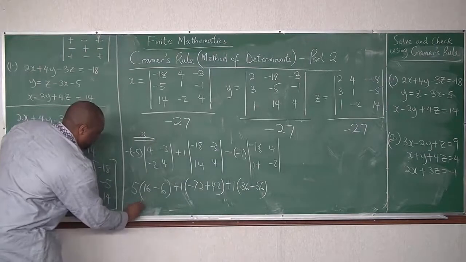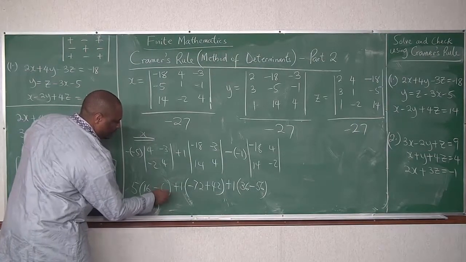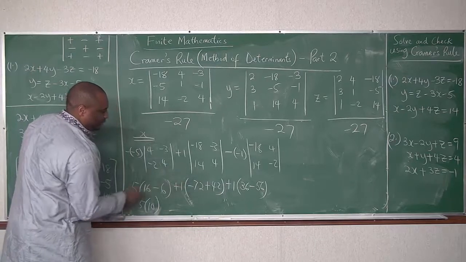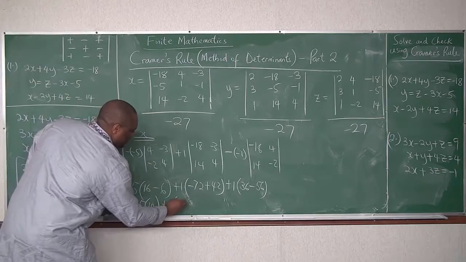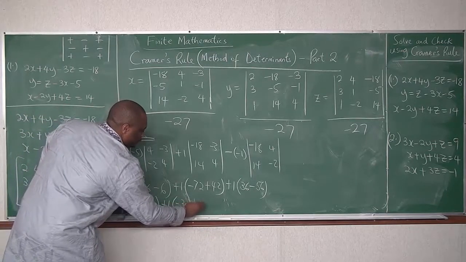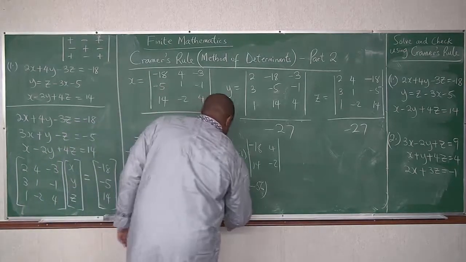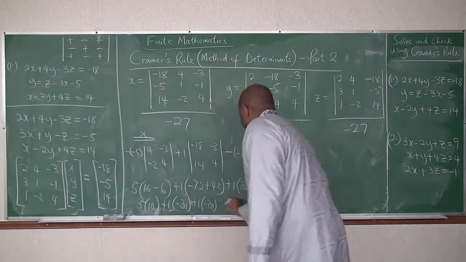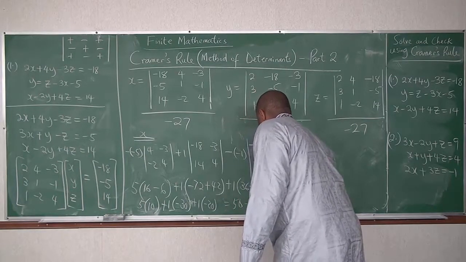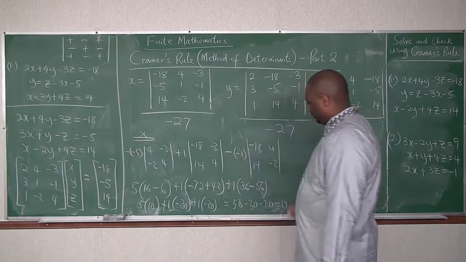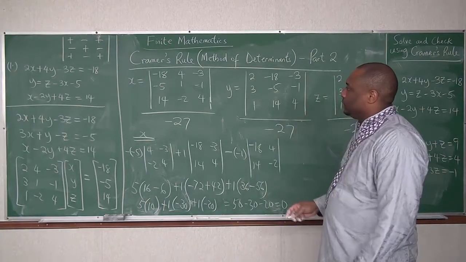So this will be 5 times 10 plus 1 times minus 30 plus 1 times minus 20. So this is 50 minus 30 minus 20, which is 0.